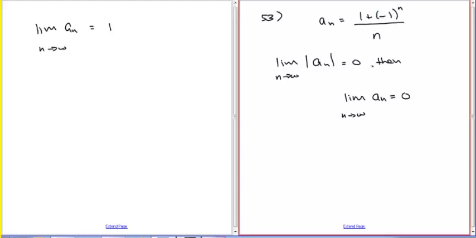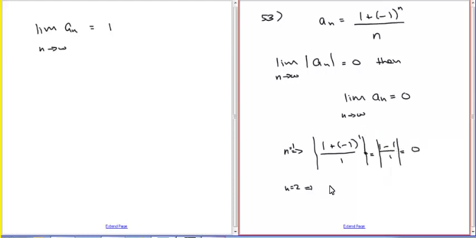If we just do a few points here, let's say n equals 1. You'll get 1 plus negative 1 to the first power, over 1, which is 1 minus 1 over 1, which is 0. So that starts out as 0. Actually, what we're doing here is the absolute value, and the absolute value of 0 is 0.